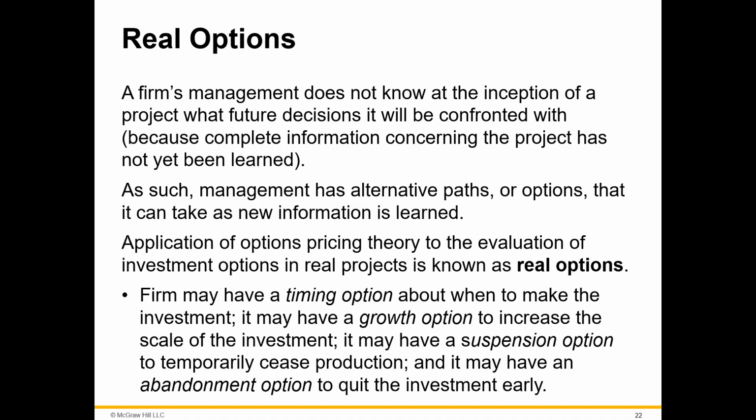So the idea with an option is that if things go well, and that's a big if, right now this is worthless, but suddenly this thing that's worthless will become worth a lot.